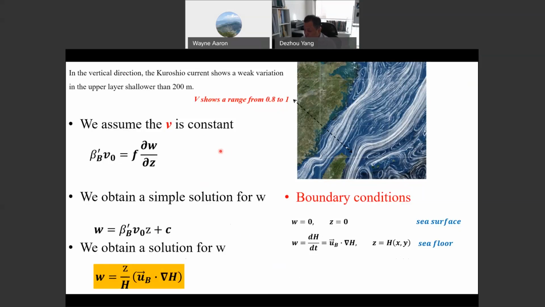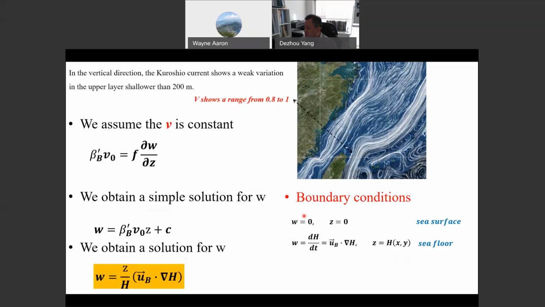So we assume the horizontal velocity of the Kuroshio current is constant. Then the Sverdrup relation will be significantly simplified. So we can get a very simple solution for the vertical velocity W.